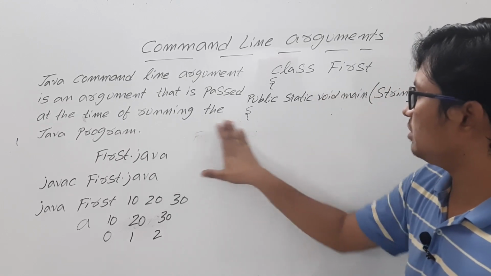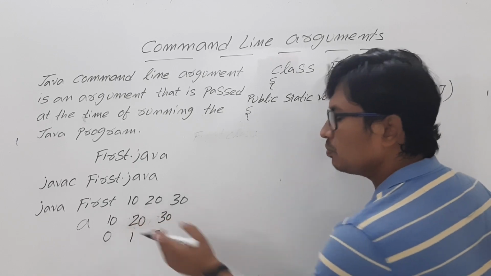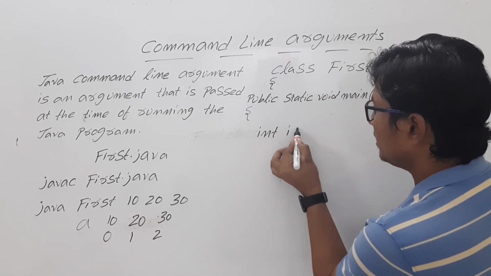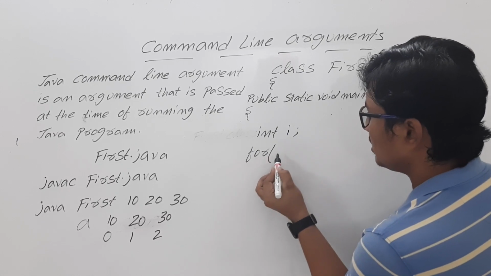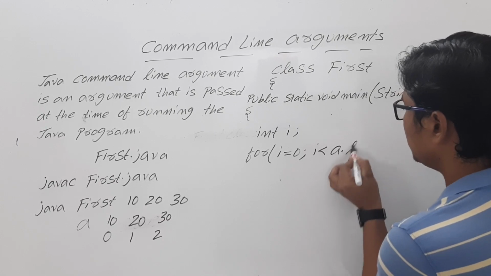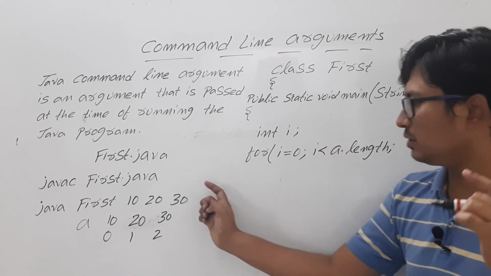Suppose I want to display whatever input you are passing. I can write for int i is equal to 0, i less than a dot length. How many arguments are there, up to that I need to go.